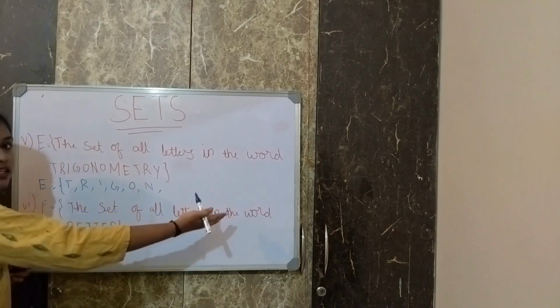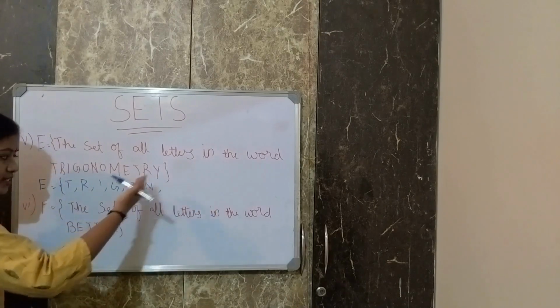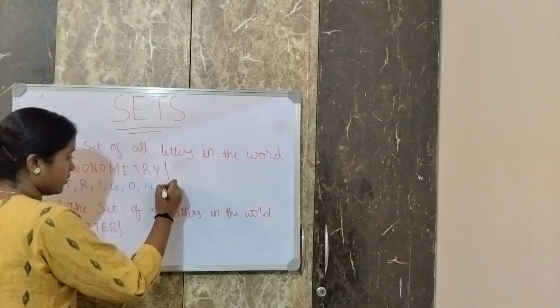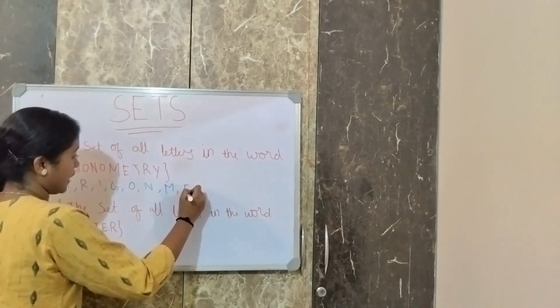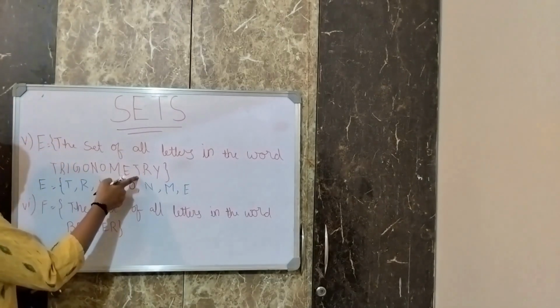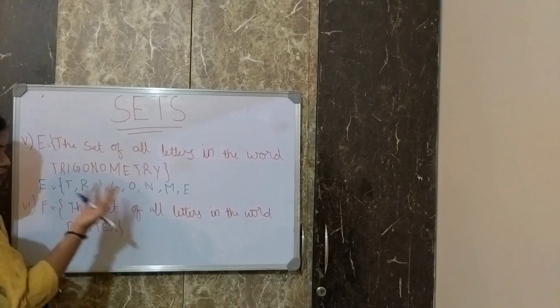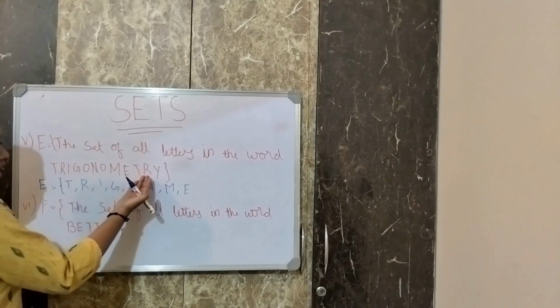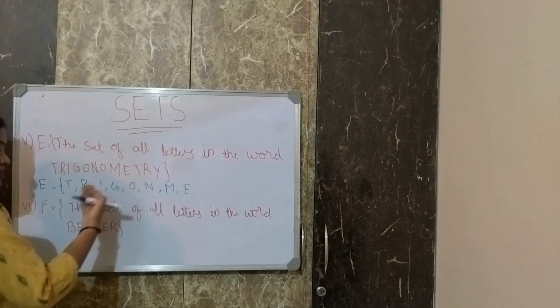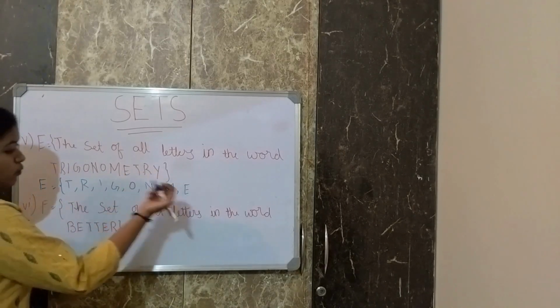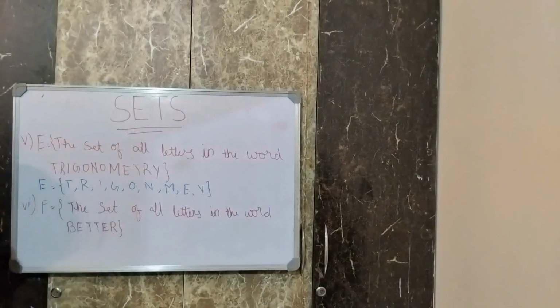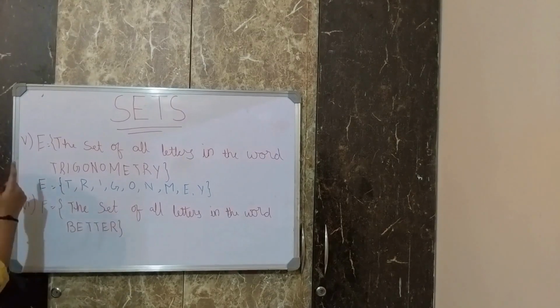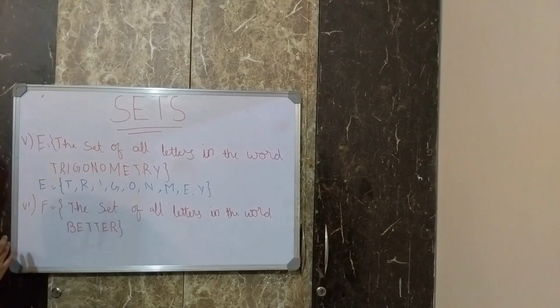Even though you repeat the elements, it is the same thing. It doesn't matter. M, E, again T is there. So T is already written, so no need to write. R, and again R is there, so R is already written. Then comes Y. So set E contains all the letters in the word trigonometry.